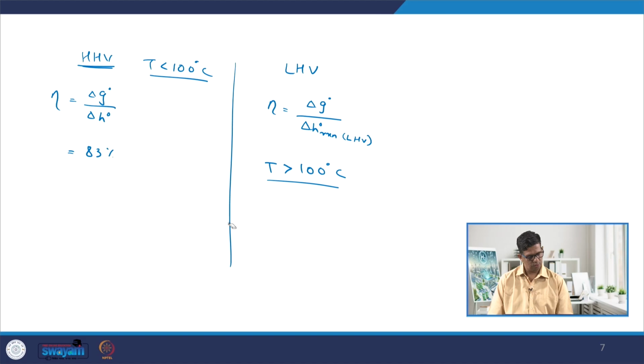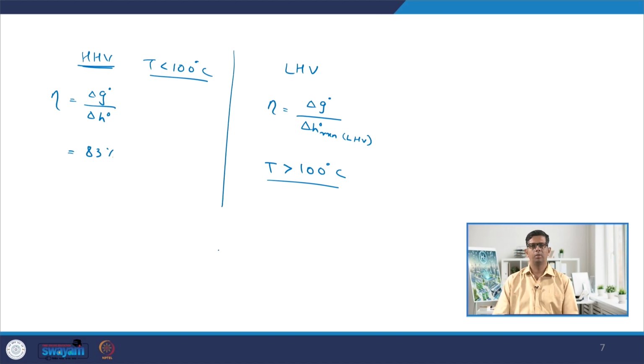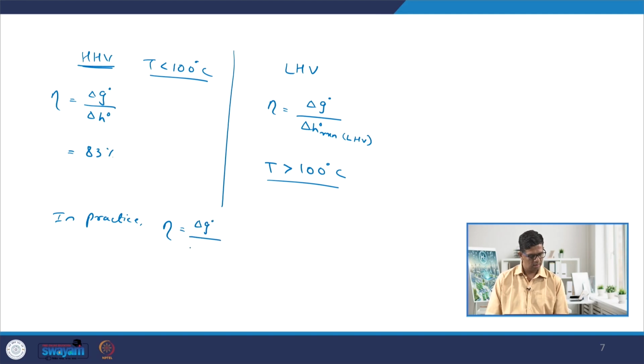So, which of these two is to be used in actual calculations? In real practice, normally the efficiency that involves higher heating value is used, HHV, right.